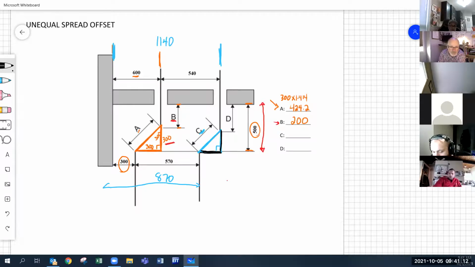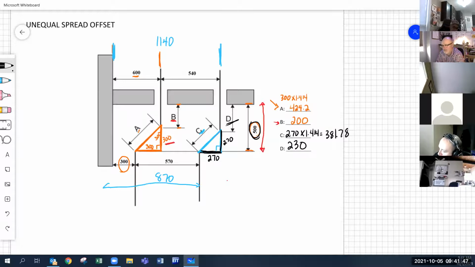So this just happens to be 270. So C is 270 times 1.414, which is 381.78. And now, as you can see, this overall measurement is 500 here. Minus 270 will give me D at 230, equaling 500.